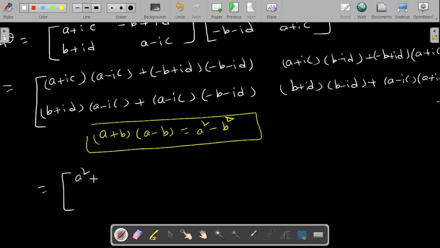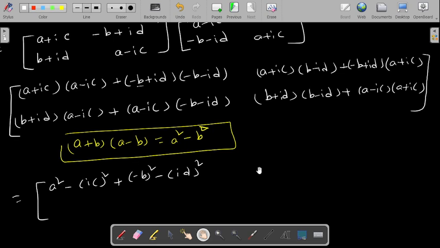So a square minus iC whole square, plus this also, minus B plus iD into minus B minus iD, is like a plus b into a minus b. So this will be minus B whole square minus iD whole square, a square minus b square. Okay.